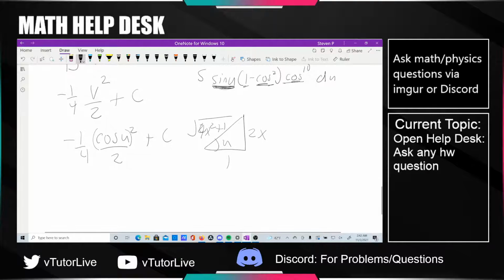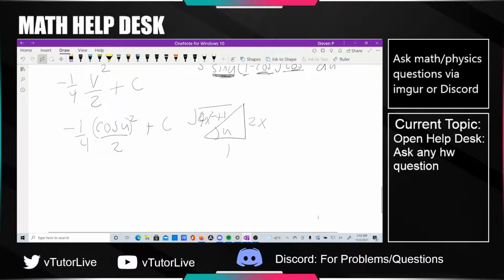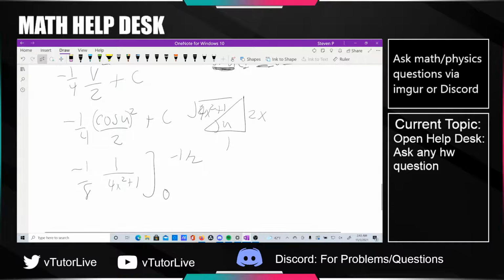So cosine becomes 1 over that. So 1 over 4x squared plus 1, the square root and the square cancel out. And I think you're left with something like this, and then you plug in 0 and negative a half. That's the idea. You can do that on your own.